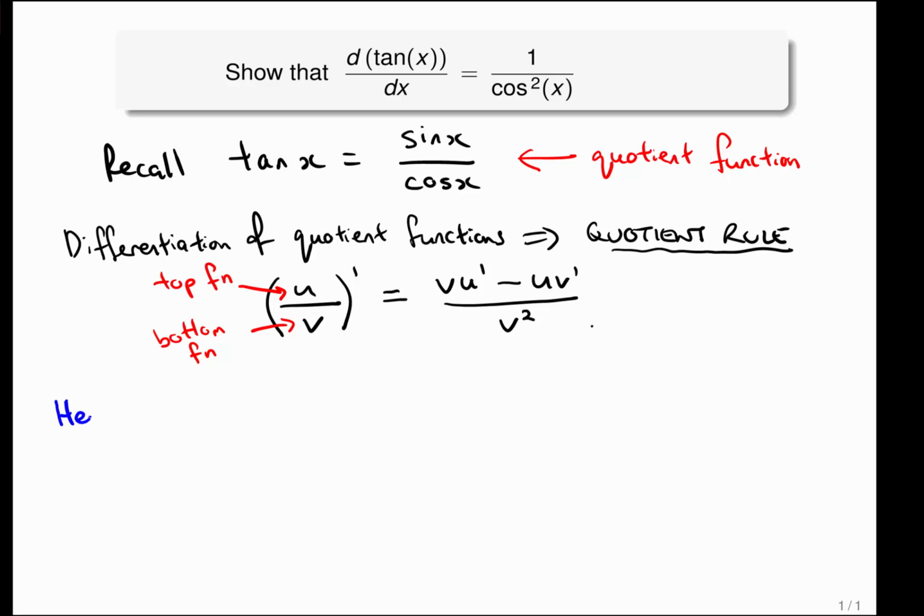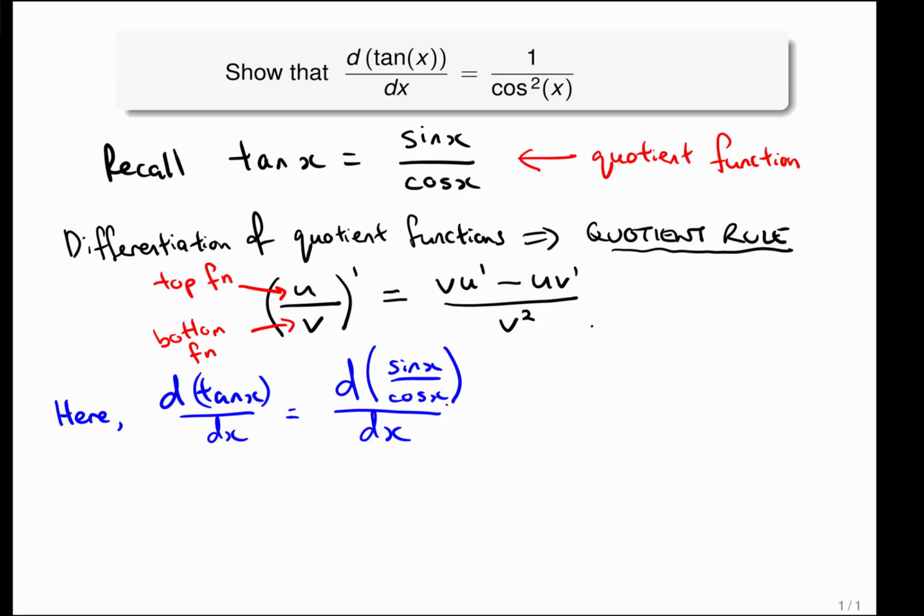Thus, here, the derivative of tan x, which is the same as the derivative of the quotient function sine x on cosine x, can therefore be differentiated using the quotient rule.